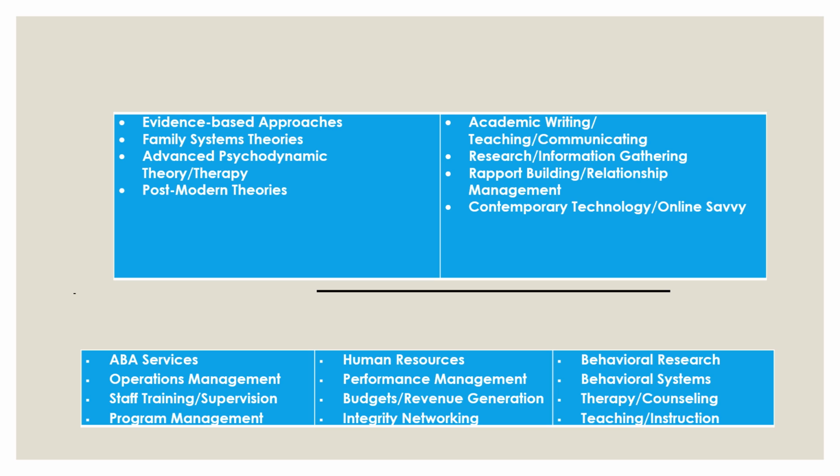That says a lot more, that there's both the understanding of the theory and being able to apply it in therapy. Or rapport building, relationship management, research slash information gathering. And again, these are all phrases you're free to use if they are relevant for you and are capable of expressing what you can do and what's true for you. Feel free. And then below, you'll see more of the three-pronged approach: human resources, operations management, staff training slash supervision.